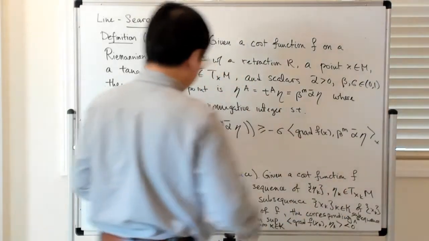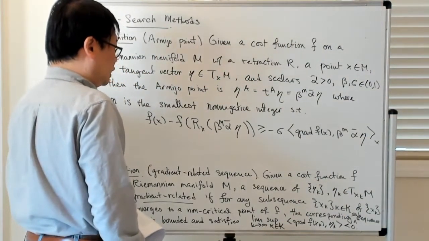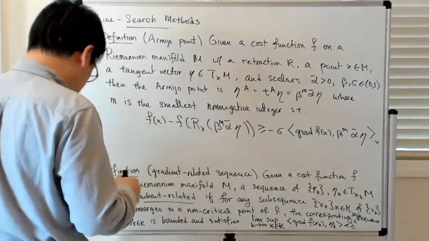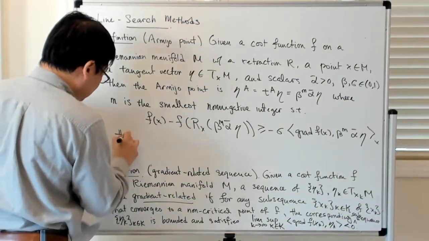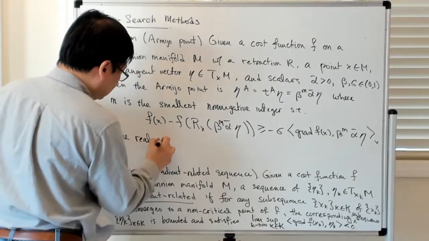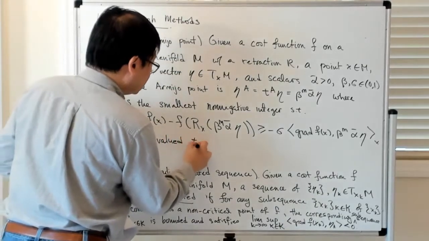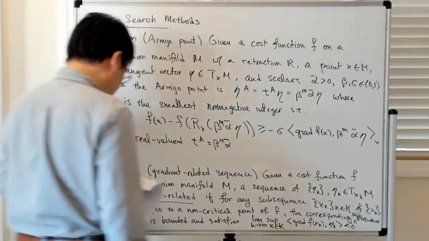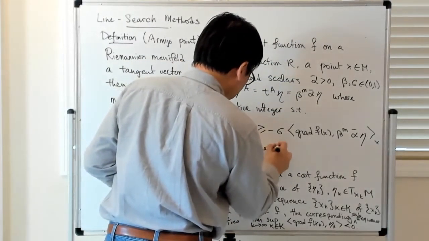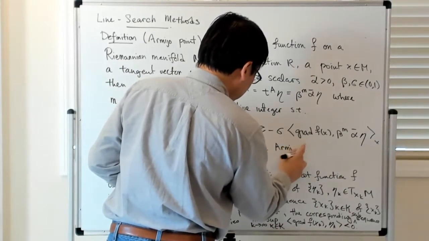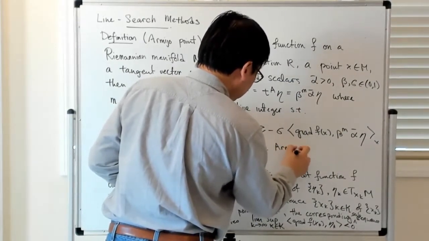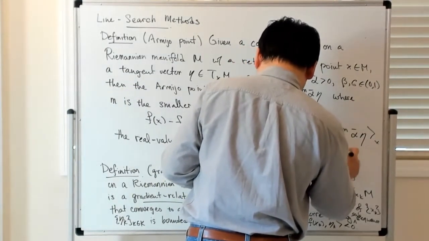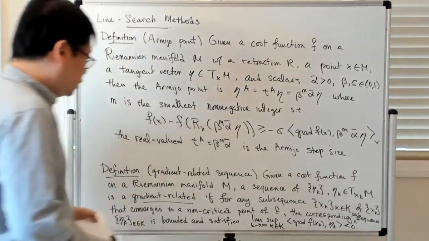And if you have sufficient descent, then you're good. Okay, and then the real valued t_A, which is of course just beta to the m alpha bar, is the Armijo step size. All right.